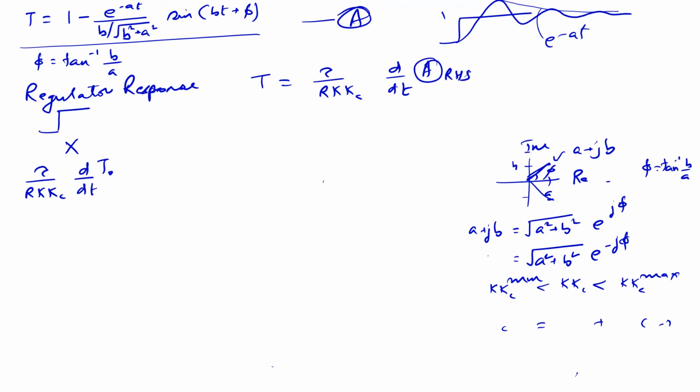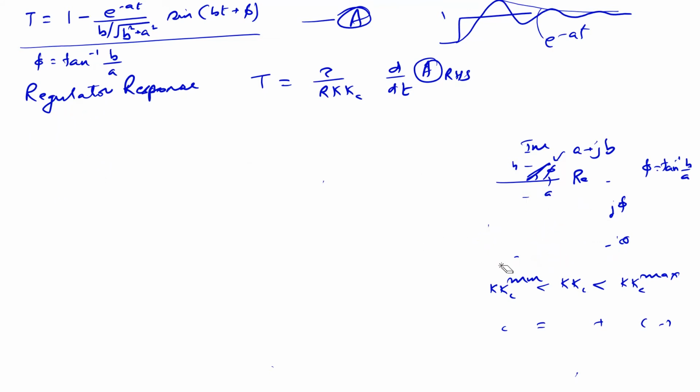That's what it's going to be. So let's do that, and as we do that, some amount of algebra will have to be done to get the regulator response. So let's just do that algebra and get the regulator response.